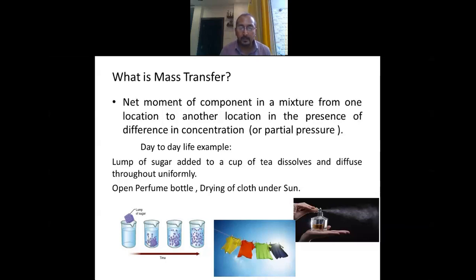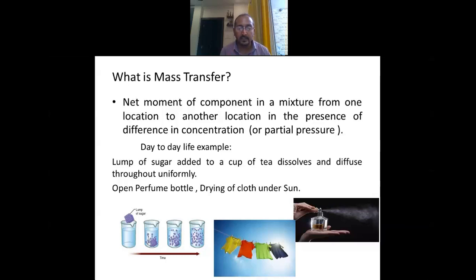If I have a pen, and I put that pen from one location to another location, it will not be a mass transfer operation because that transfer of the pen is not due to difference in concentration. That is due to the mechanical force I applied.